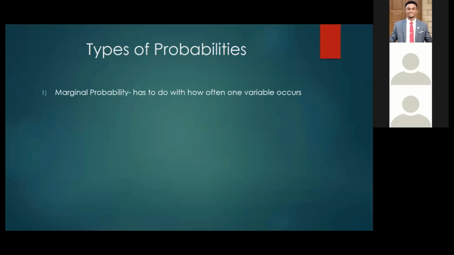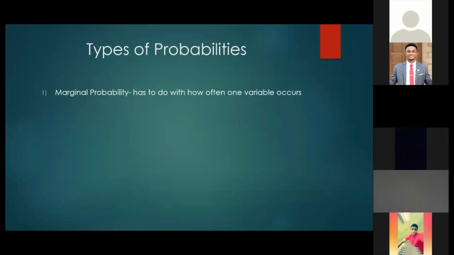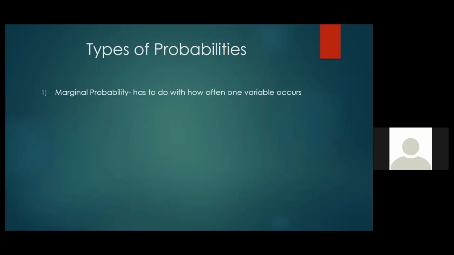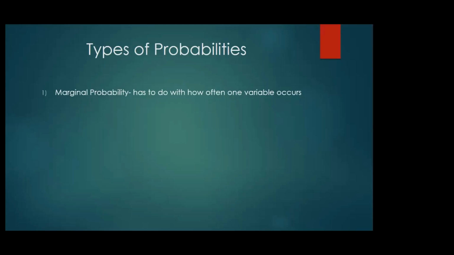Now we're going to be looking at the different types of probabilities. We have three types: marginal probabilities, joint probabilities, and conditional probabilities. The first one we're going to look at is marginal probability.